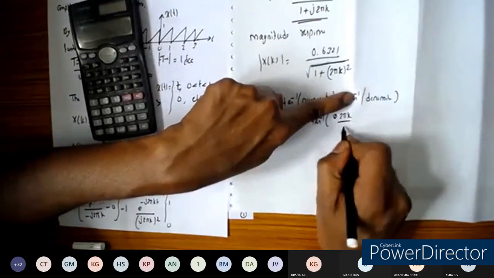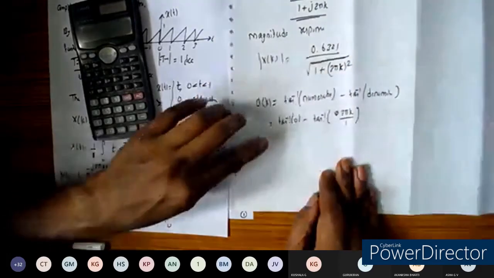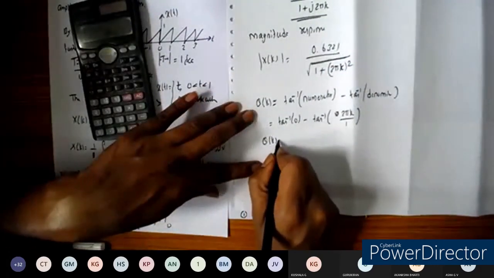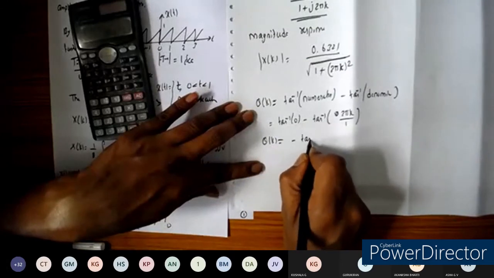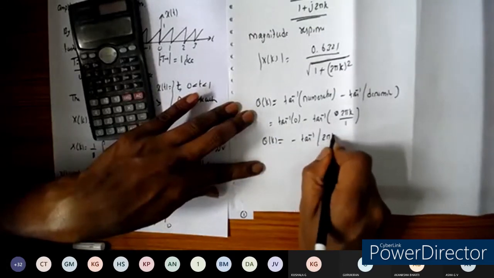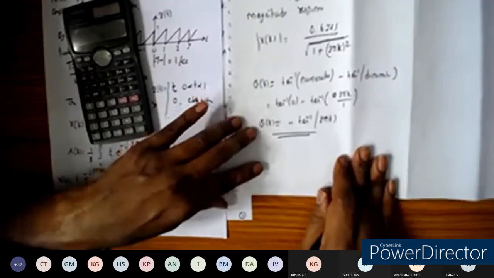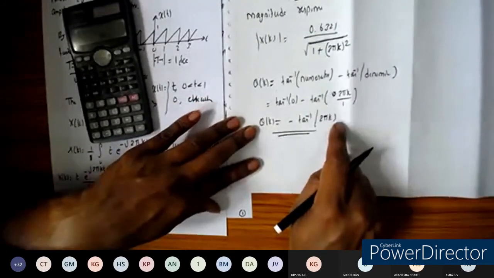So theta of k will become equal to minus tan inverse of 2 pi k. This is the phase response you're going to get.